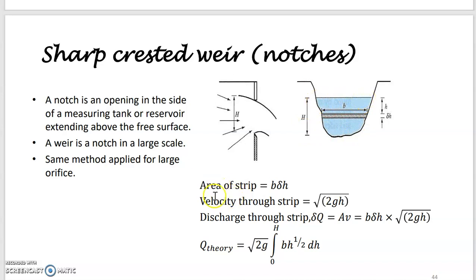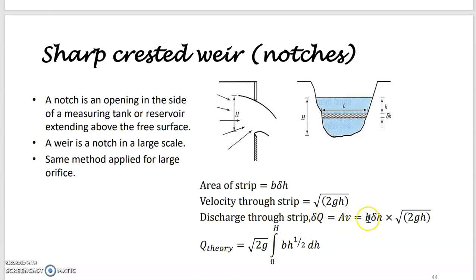The area of the strip is equal to the width times the difference of the height, and the velocity through the strip is the square root of 2gh. So the discharge can be calculated by using Q equal to AV.